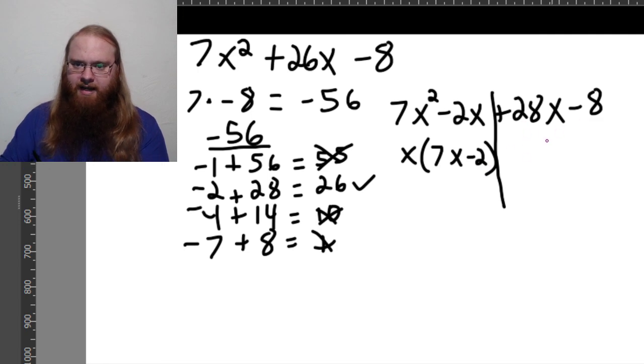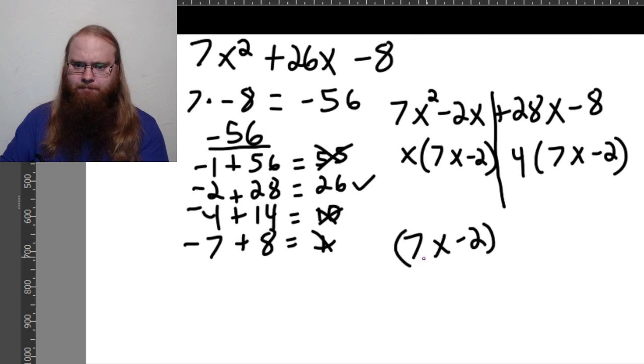And what 28 and 8 have in common is 4, so we're left with 7x minus 2. So let's write our final answer. Our final answer is going to be 7x minus 2 times x plus 4.